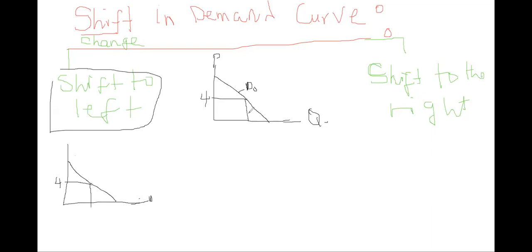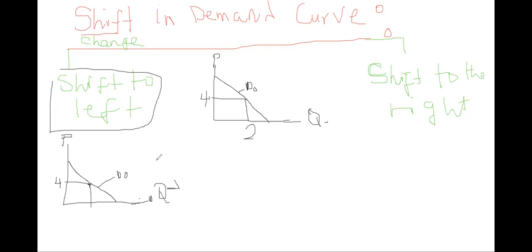Let's say the quantity demanded here originally was 2. But demand shifts to the left. Remember, this is our D0, the original demand curve. This is our price, and this is our quantity demanded.